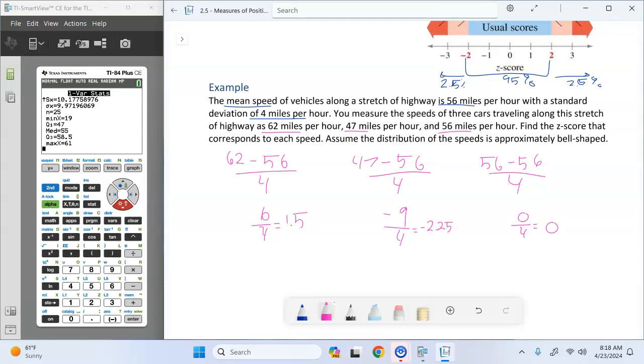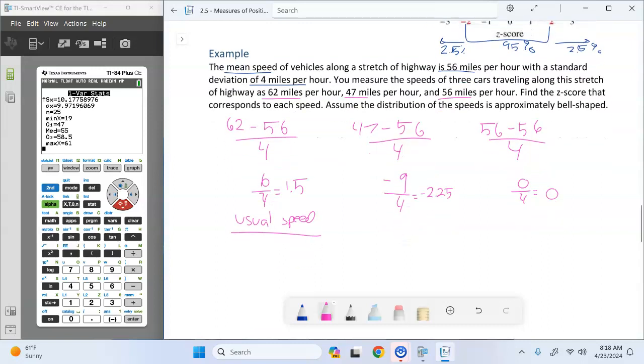If I have a z-score of 1.5, does that put me above or below the mean? Above, by 1.5 standard deviations. Is that usual? Yes, that is a usual speed. It's not unlikely to get 1.5 standard deviations above the mean. Negative 2.25: does that put us above or below the mean? Below.